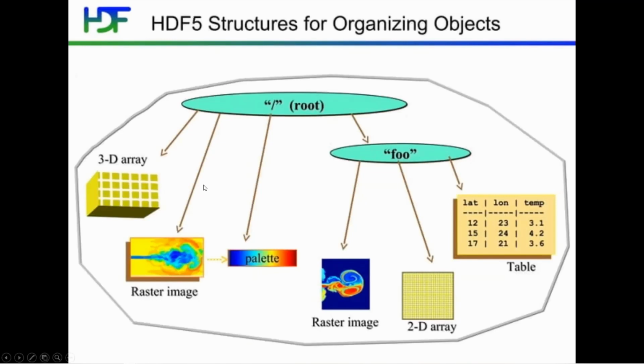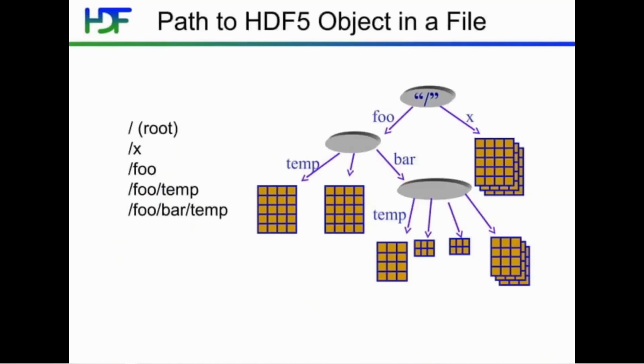You can have 3D arrays, matrices, raster images with color palettes, raster images without color palettes, just 2D arrays, datasets as tables, and so on. It's a very large range of things you can put in an HDF5 object, or file.